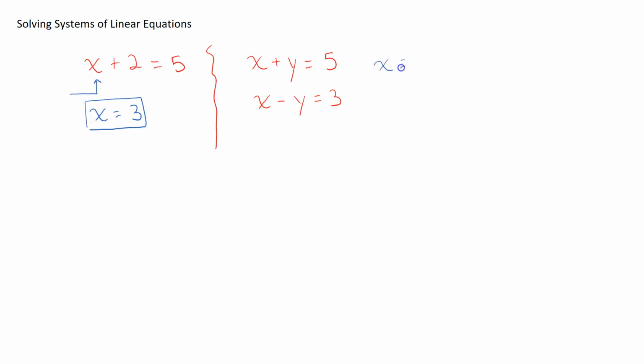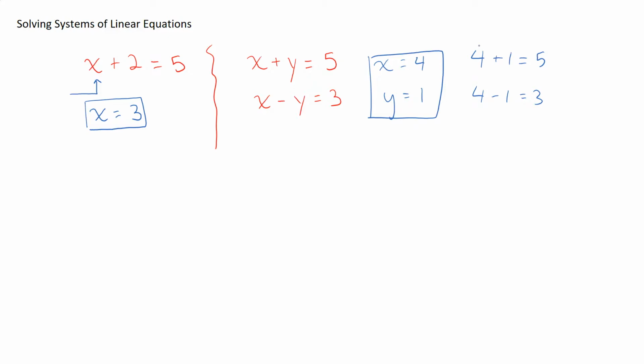If I said x equals 4 and y equals 1, then this would be a solution to the system, because if we check, 4 plus 1, x plus y, is 5, and 4 minus 1 is equal to 3. So x equals 4 and y equals 1 is what works.